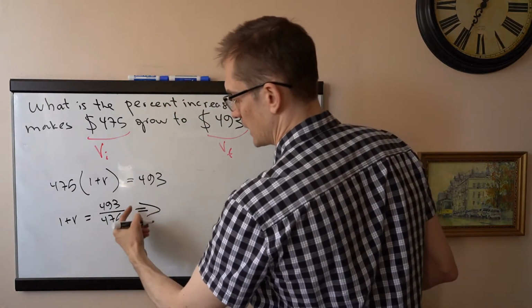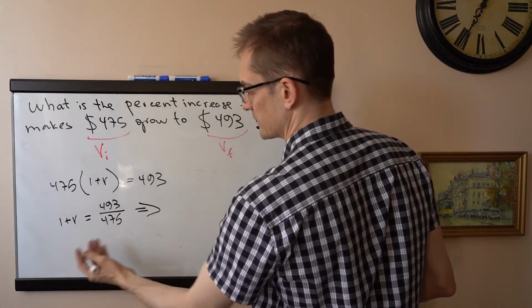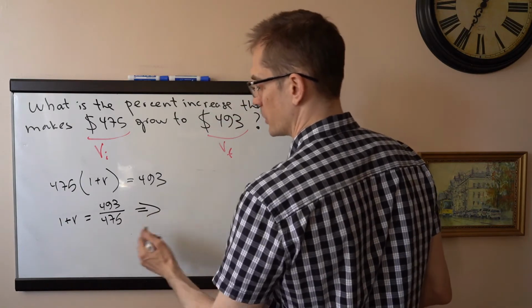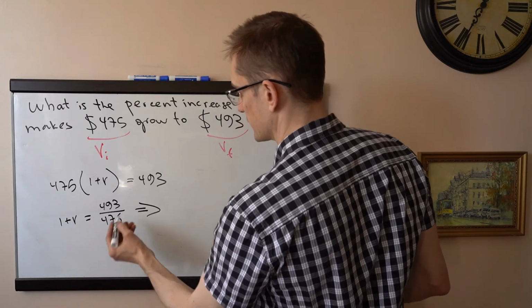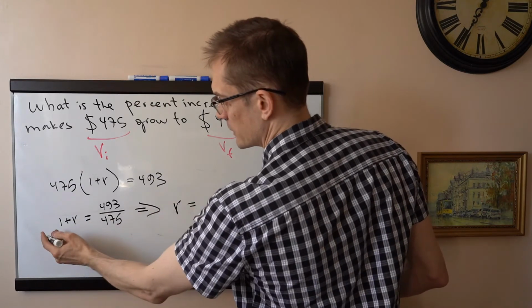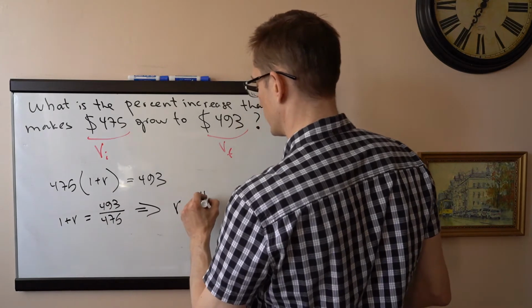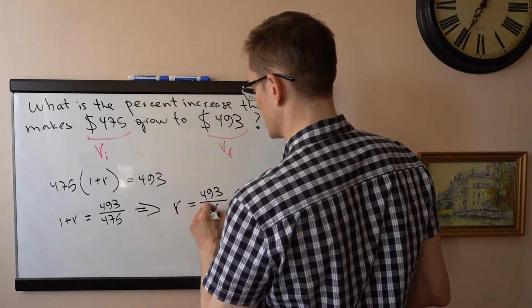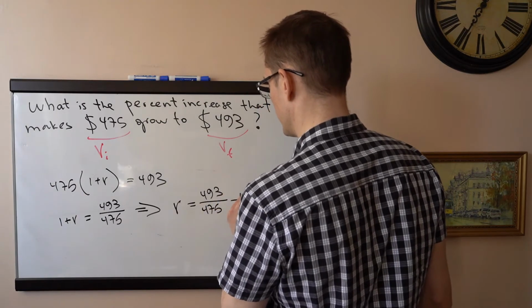This arrow means next step, basically, so that I don't have to continue going to the bottom. So how do we find this next step? We just move this 1 to the other side. So 493 divided by 475 minus 1.